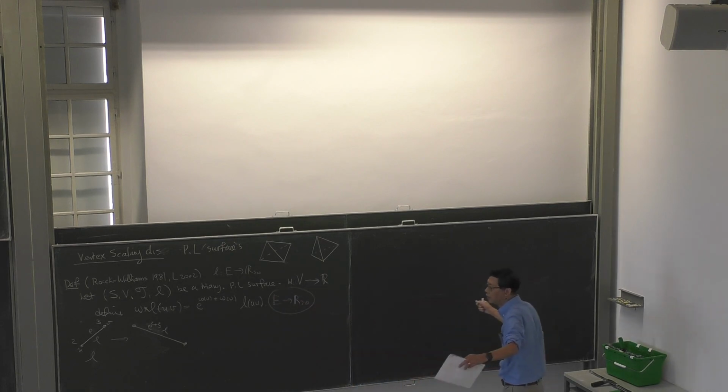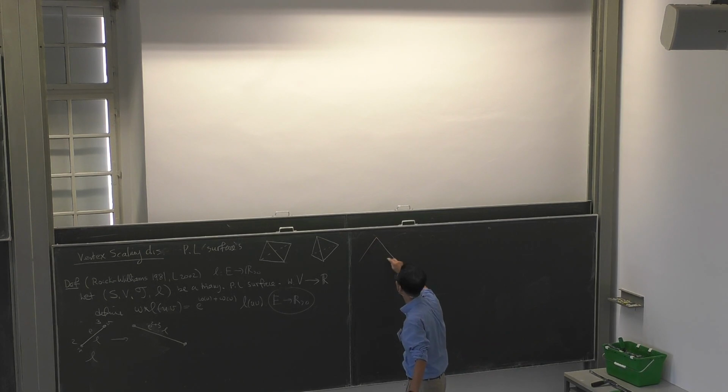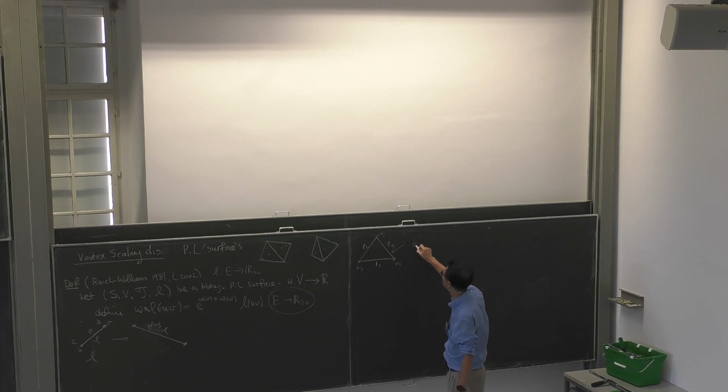You just scale it. If you start with a triangle like this, with sides L1, L2, L3, and I put weights at the vertices, W3, W2, W1, then this length after scaling is e to the W1 plus W2 times L3.